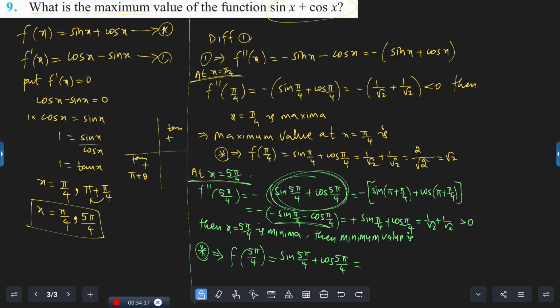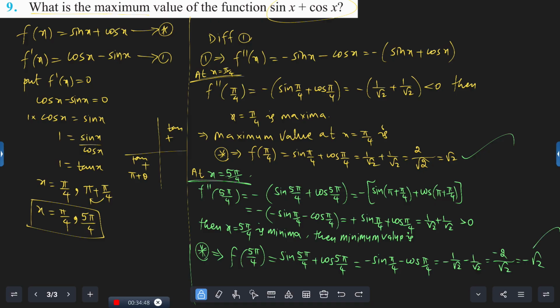So I will be writing directly, I don't want to repeat the same step. Minus sin pi by 4 minus cos pi by 4, which is equal to minus 1 minus 1, add, minus 2. When you take conjugate, minus root 2. So what I am getting, a maximum value plus root 2. Minimum value what I am getting, minus root 2.